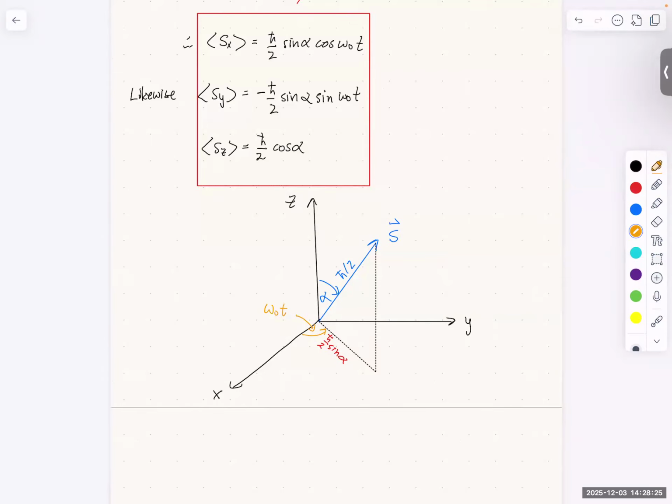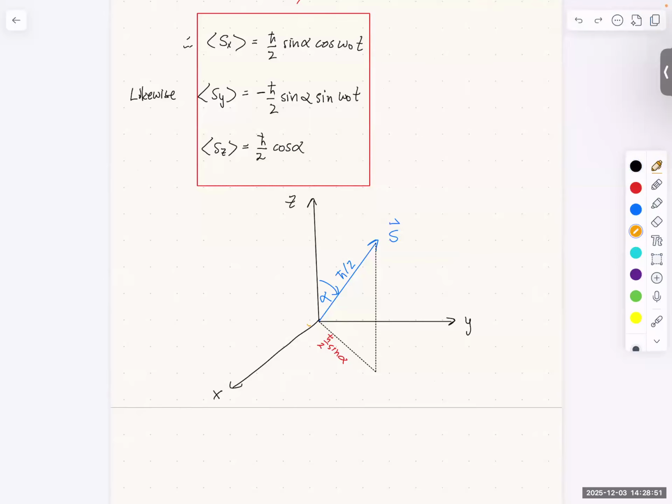Our Sx expectation value will vanish, and Sy will have a value of, oh, I guess I've drawn this the wrong way if it's going. Okay, yes, let's fix that. When we get to pi by 2, we will be in the other direction.